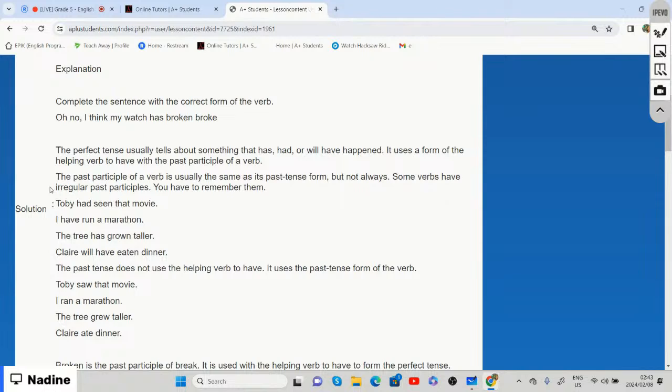And then we have the past tense, right? The past tense does not use the helping verb to have, it just uses the past tense form of the verb.